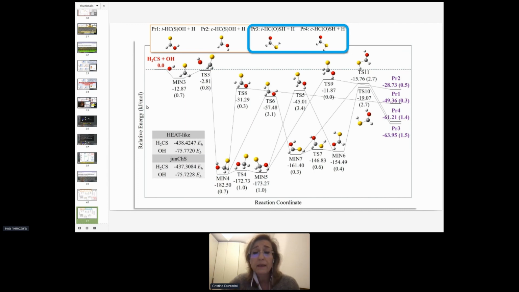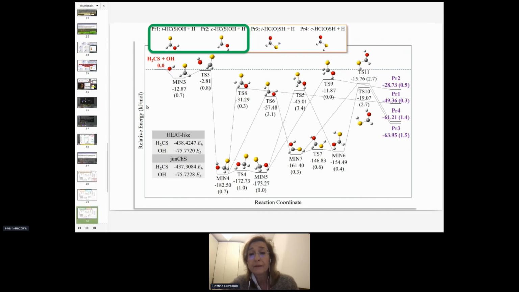So within the highlighted rectangle, the observed one is the isomer of thioformic acid on the left side, but in our simulation, as you can see, other isomers of thioformic acid are formed, those containing the CS double bond. Then we move to kinetics.